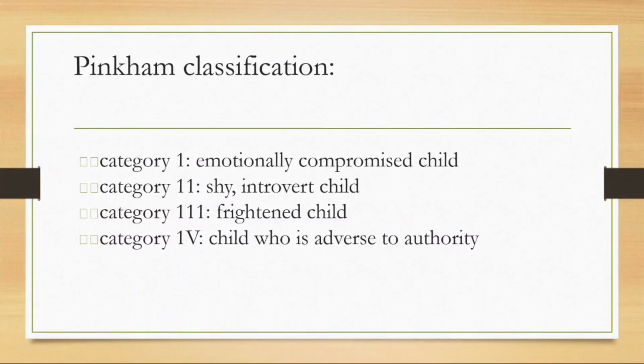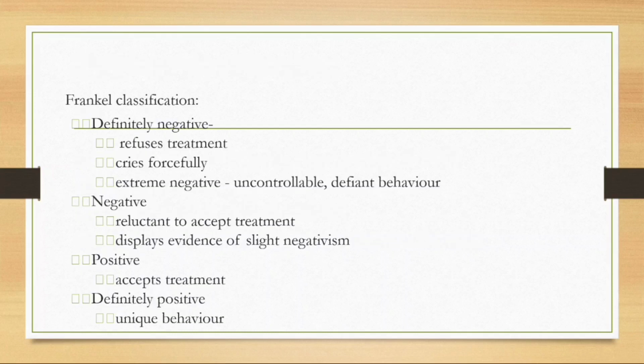The next classification was given by Bingham. Category 1, emotionally compromised child. Category 2, shy and introvert. Category 3, frightened. Category 4, child who is adverse to authority. And we have the Frankel classification: definitely negative, negative, positive, and definitely positive.